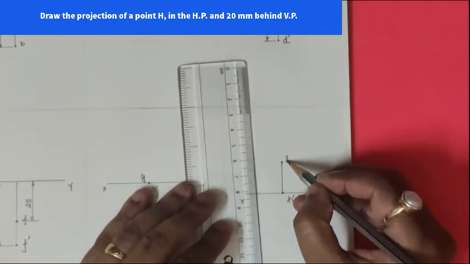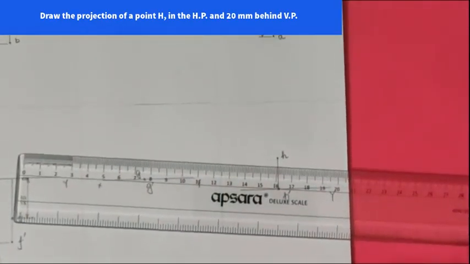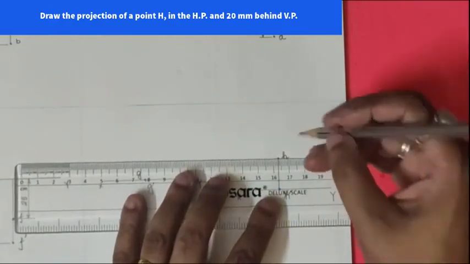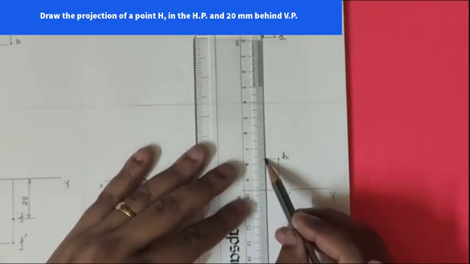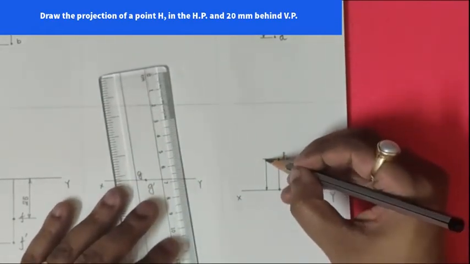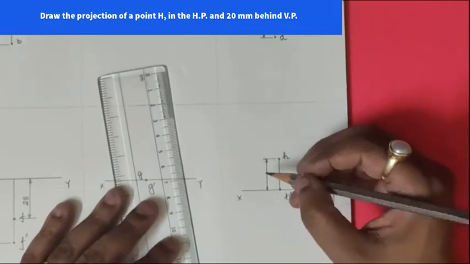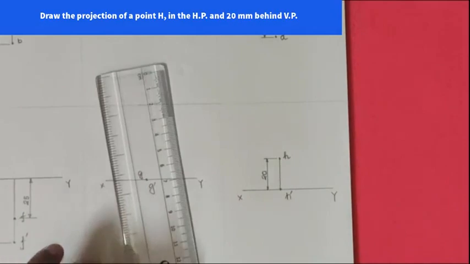This is your top view H. Let us give the dimensioning of this figure. So this is your 20. Clear?